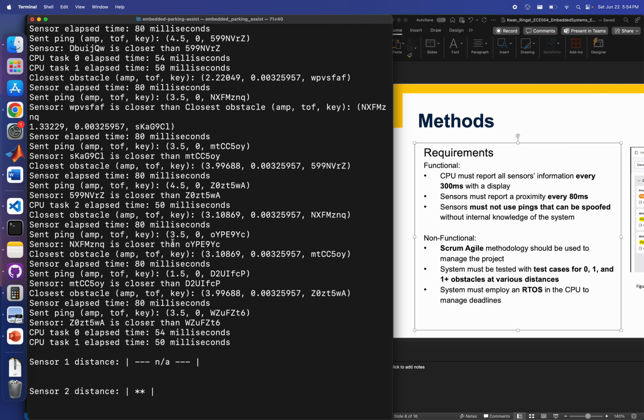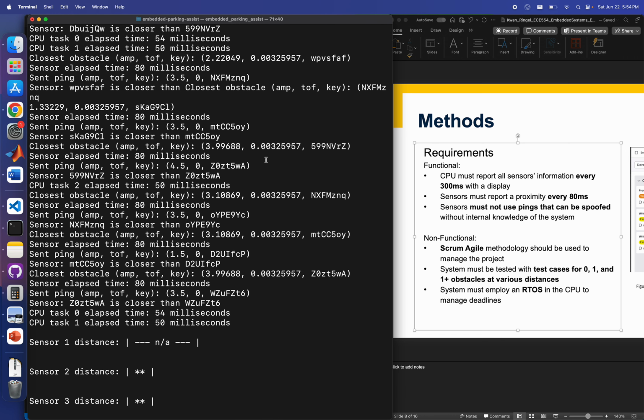So 12 times 80 milliseconds divided by 4 is about 300 milliseconds. So let's see, the exact number is 12 times 8 is 960 divided by 3 is about 320 milliseconds here. So 300 milliseconds with the display where it was achieved.